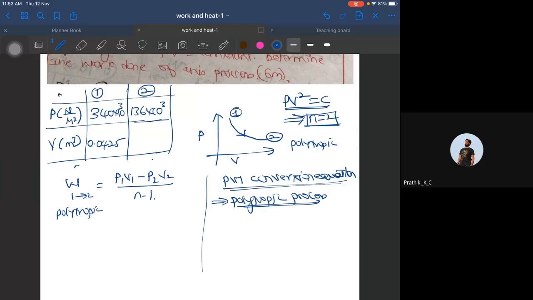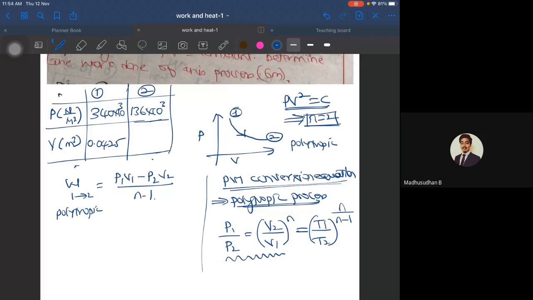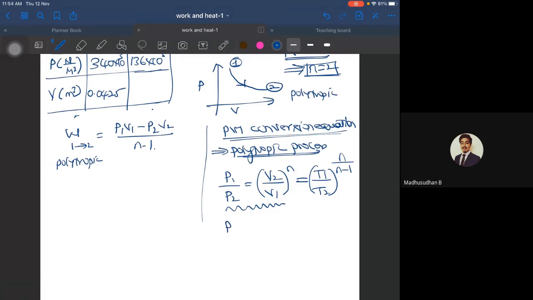P1 by P2 equals V2 by V1 whole to the power of n, which in turn equals T1 by T2 whole to the power of n by n minus 1. I will just consider the first two, where P1 by P2 is equal to V2 by V1 whole to the power of n.